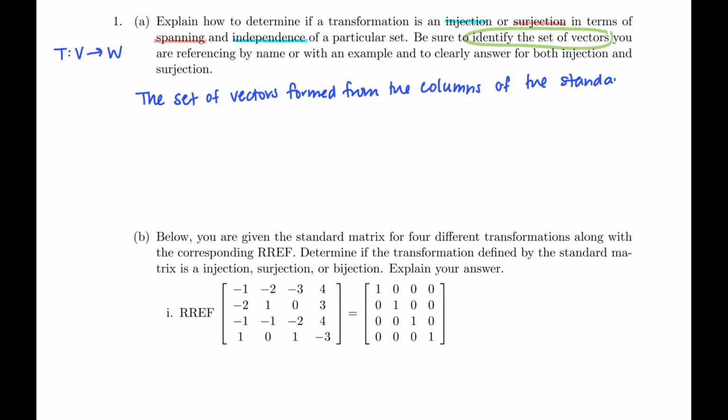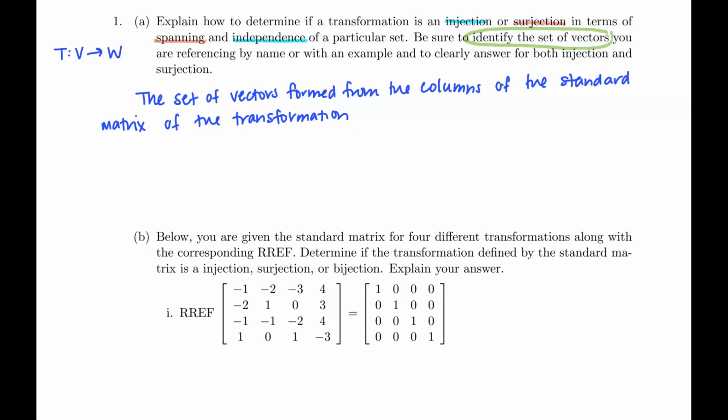And we should tie this back to our transformation. So this is one way to talk about it: the set of vectors from the columns of the standard matrix of the transformation. I'm realizing now I don't love the way this wording is working out, but I'll fix it.